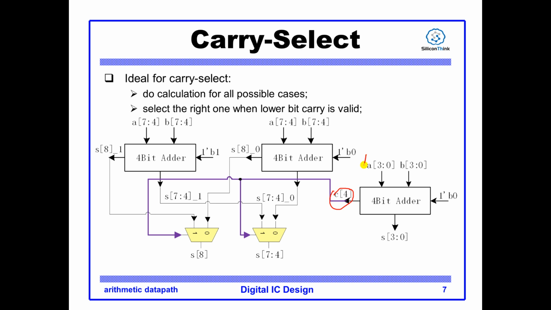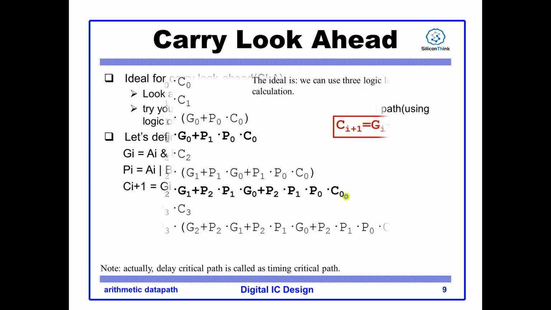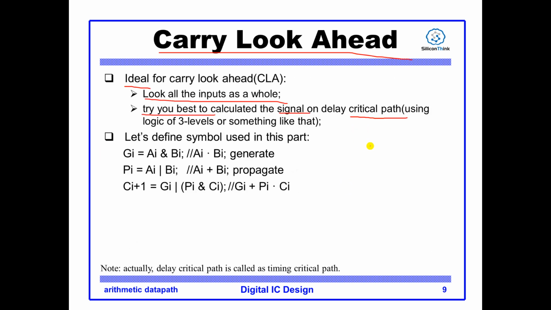So the idea is we will take all the inputs as a whole, and try to calculate the critical output as fast as possible. Usually we can use a logic of 3 levels to do all the complex logic calculation.